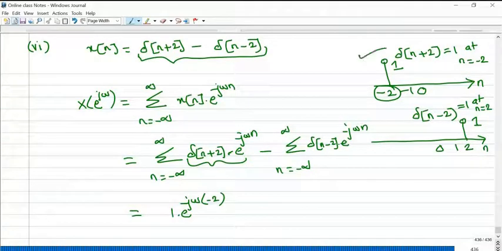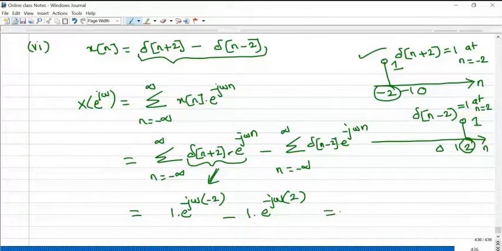According to the characteristics of delta n plus 2, this product is non-zero at n equal to minus 2 only. So the result of this summation is e power minus j omega times minus 2. Minus delta n minus 2 has value 1 at exactly n equal to 2 only, so in e power minus j omega n, n is replaced by 2.